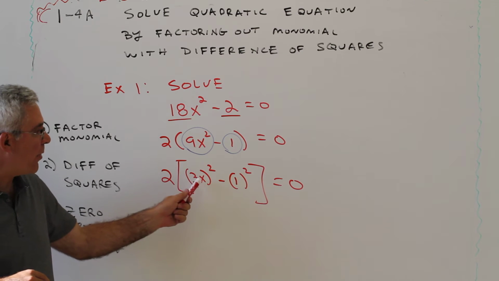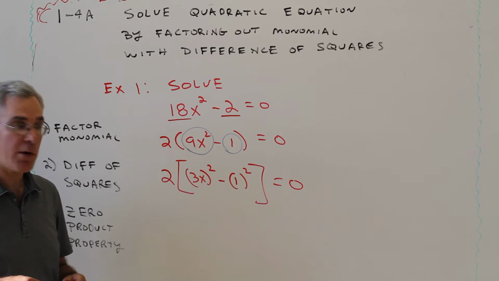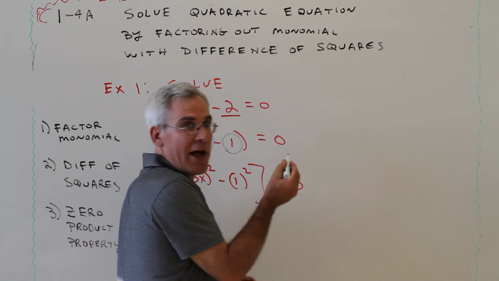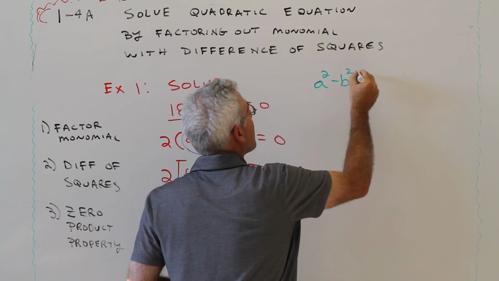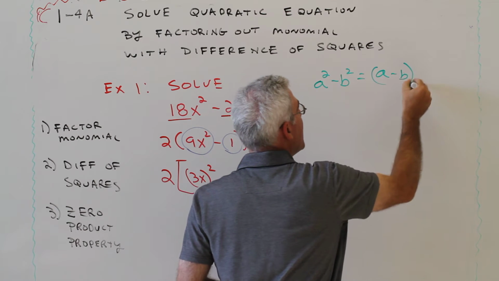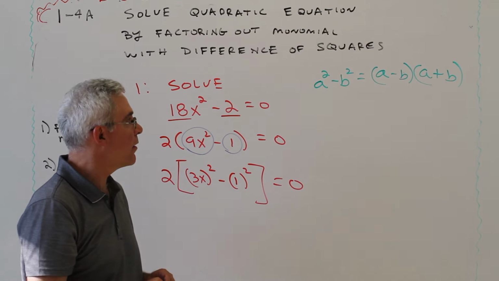Whenever I've got something squared minus something squared, I've got that difference of squares factoring pattern. So I'll write that over here. In general, a squared minus b squared is a minus b times a plus b.